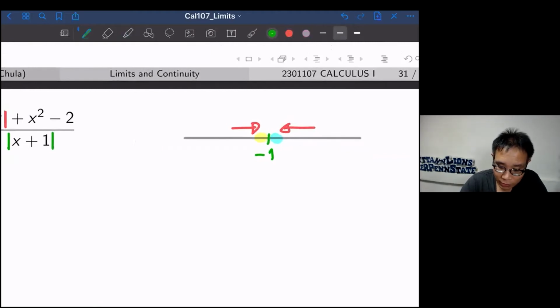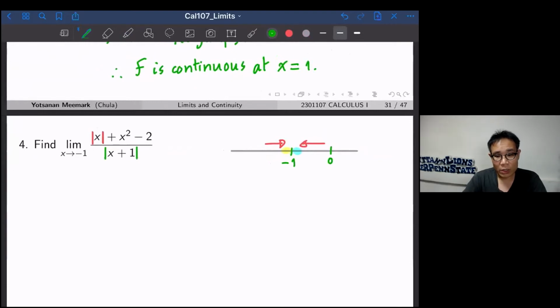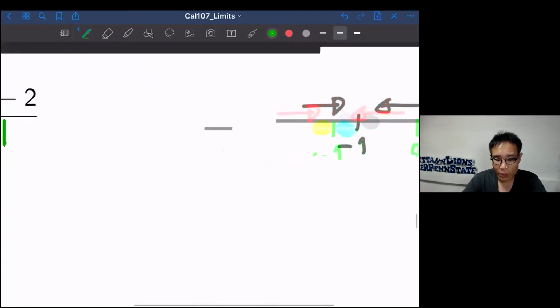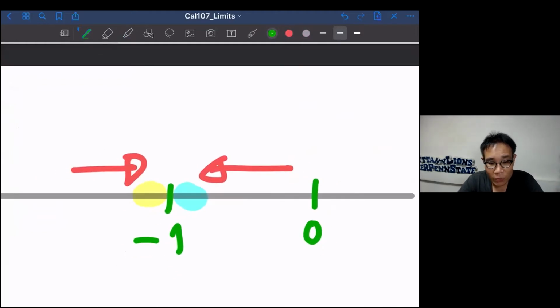Let me scale this a little bit, x equal to 0 is here. So you see that it's not going to be far from -1. You'd like to find the numbers that are near -1, which I used to tell you is called really close.